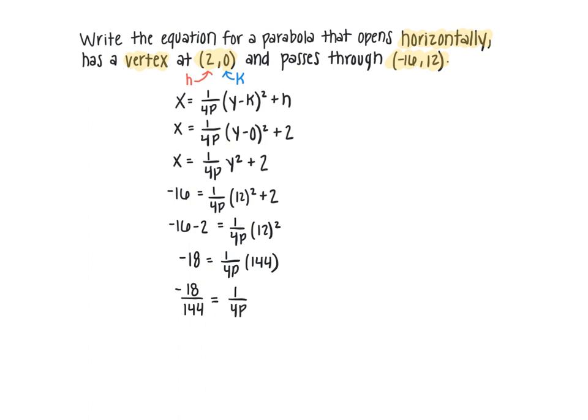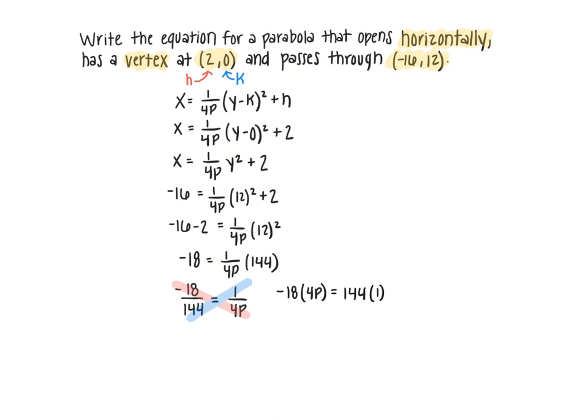So remember, the best way to solve a problem where your variable is in the denominator of a fraction and you have two fractions set equal to each other is simply by cross multiplying. So this effectively becomes negative 18 times 4p is equal to 144 times 1.